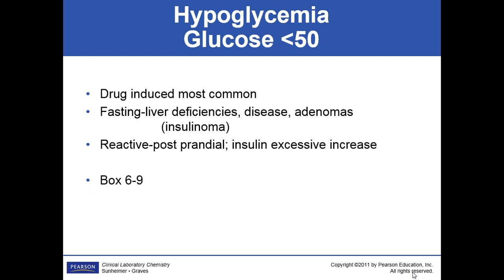Hypoglycemic. Now we're on the whole other side of the spectrum. When your glucose gets too low, and for the most part stays low, most of us from time to time are going to go low, especially if we've overdone it with something, either the glucose or some type of strenuous activity. We can probably get to hypoglycemia.